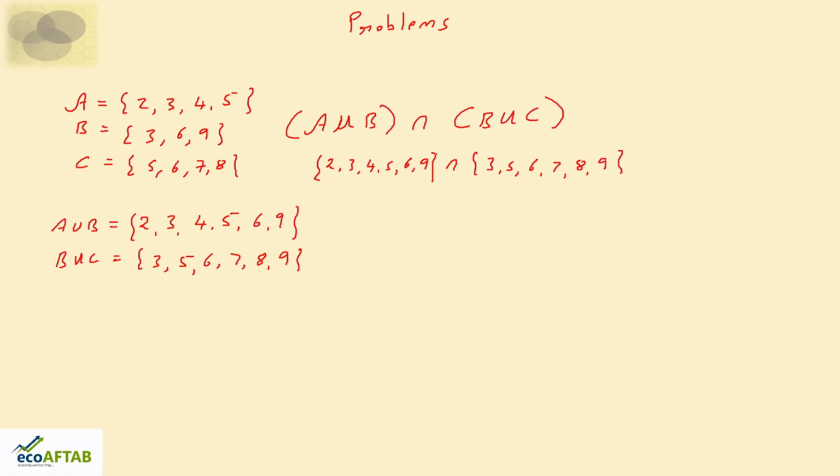Now when I speak about intersection, it means only those elements which are common in both. Remember, we are speaking about common elements. 3 is there in both, 5 is there here and here also, 6 is there here and here also.